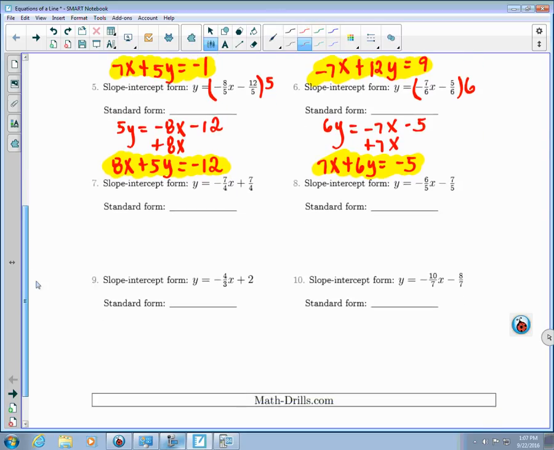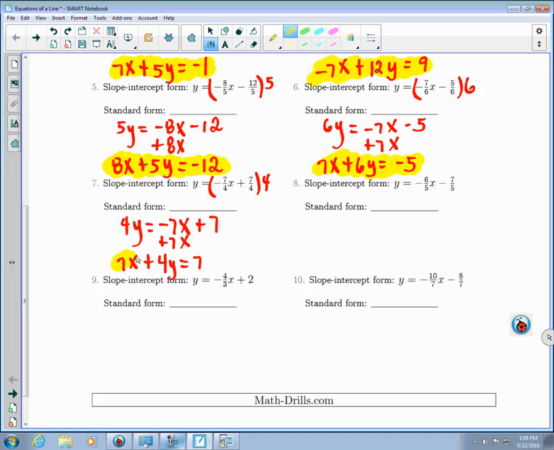All right. Over here, multiply by 4. Very good. So 4y equals negative 7x plus 7. And then I'm going to say plus 7x on both sides. So 7x plus 4y equals 7.